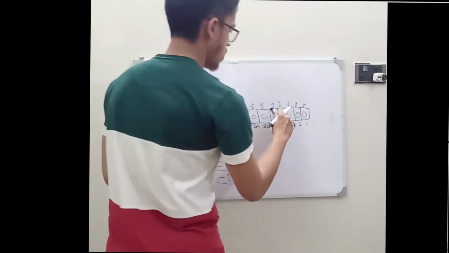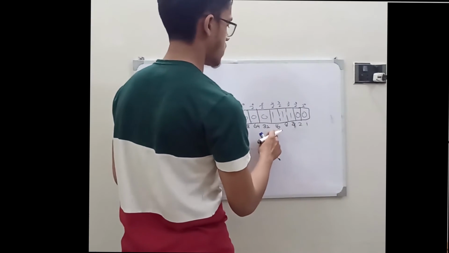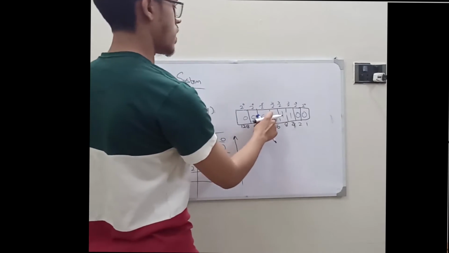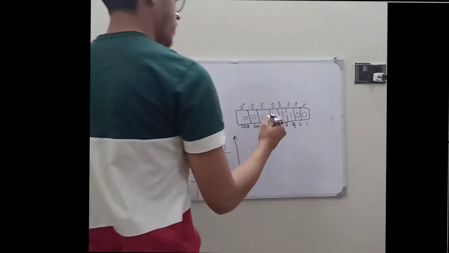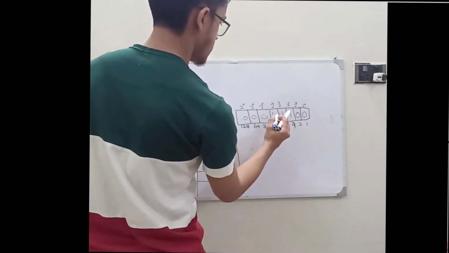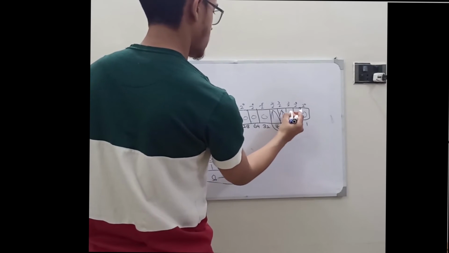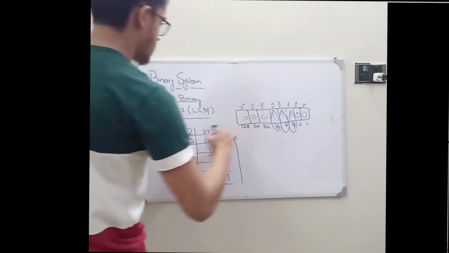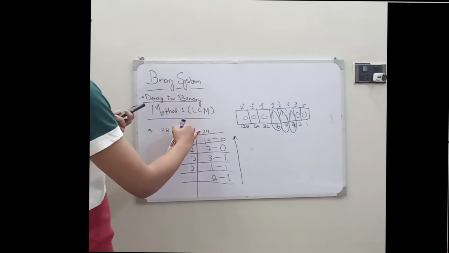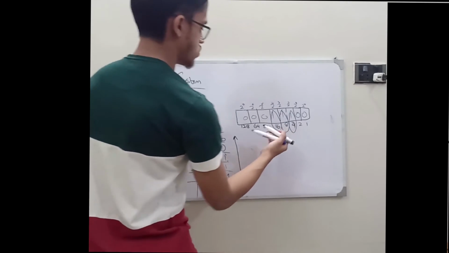So as our basic rule, we will add all those numbers together which correspond to the one, or which correspond to the state of on. Which means that this number and this number will be added all together to make the final answer 28, so that we can prove that it is an actual method.